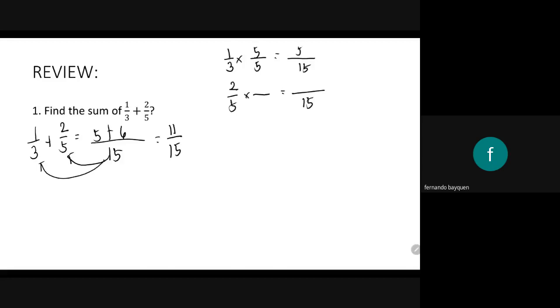So this will be 5/15, and for 2/5 you multiply by 3/3 to make it 15, so 2 times 3 is 6. So 1/3 plus 2/5 is equal to 5/15 plus 6/15. Since they now have the same denominator, we can easily add 5 plus 6, which is equal to 11/15. Okay, so we will be needing this concept later.